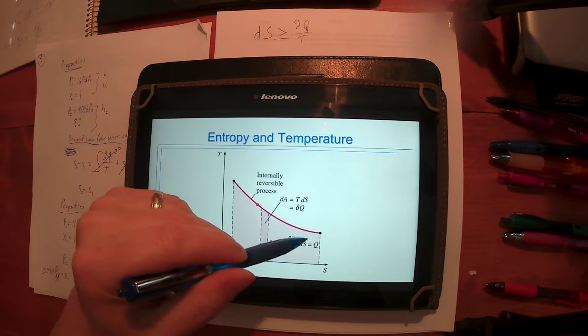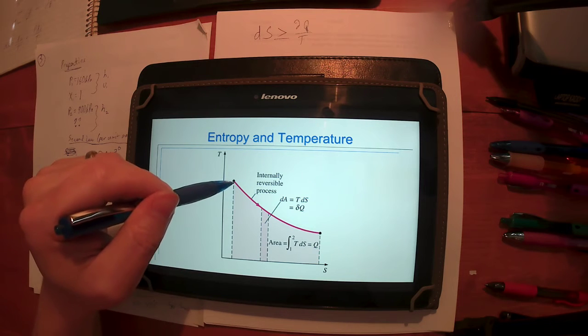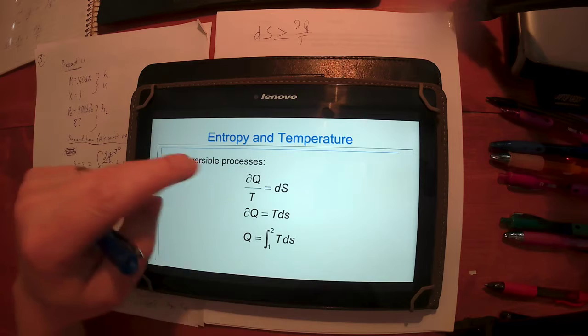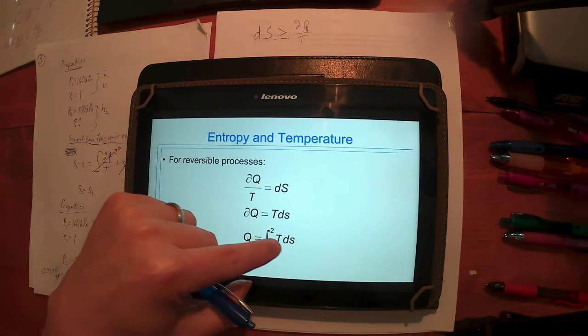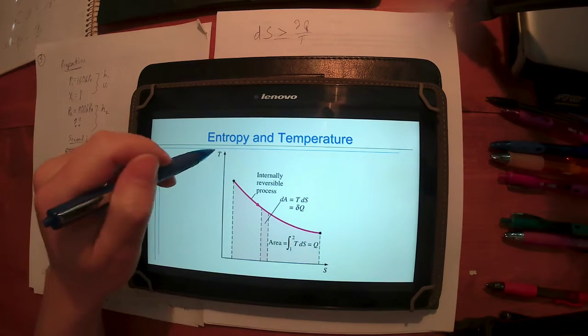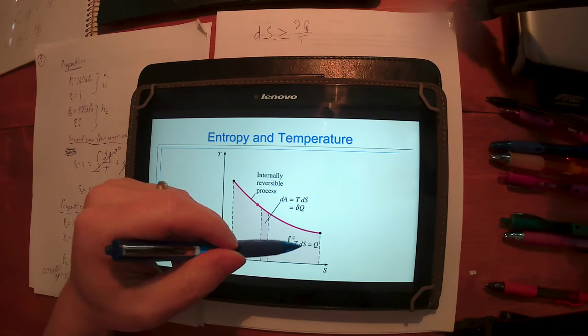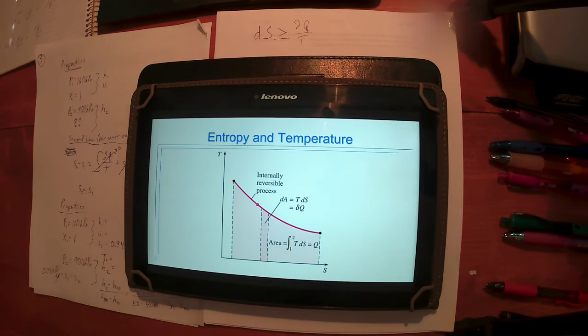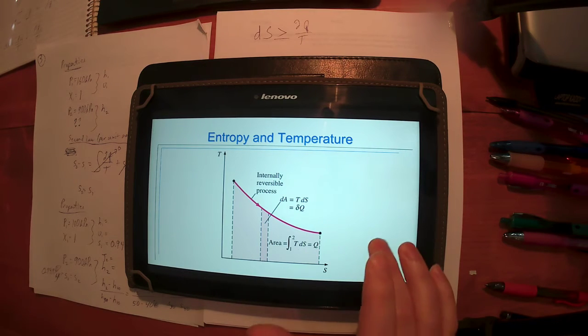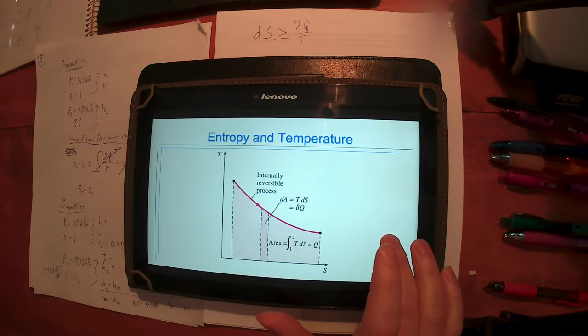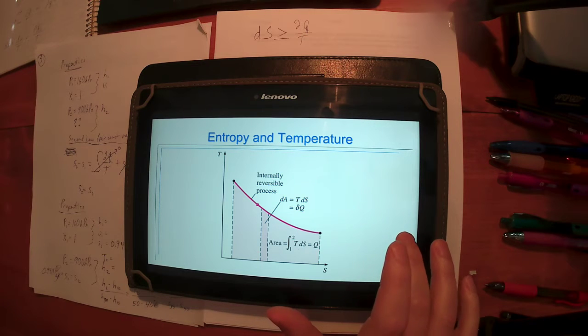And then the total area underneath this curve represents, as we said, Q equal to the integral of T ds. So the area under this curve represents total heat transfer. This is a conceptual quantity that we need to understand. It shows up in a little bit when we talk about Gibbs equation. It's a nice concept to have in hand when we get there. Okay?